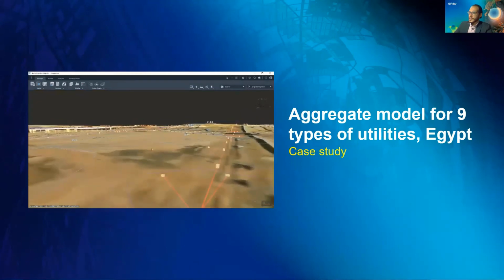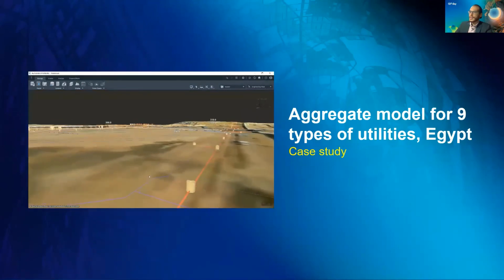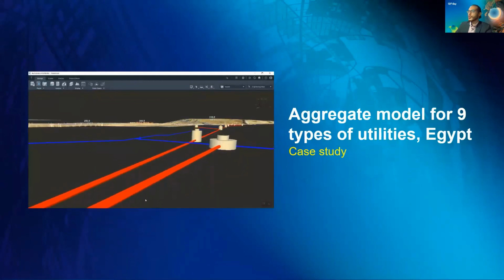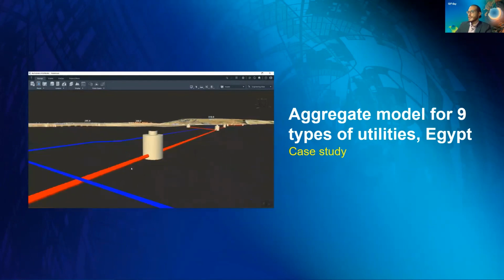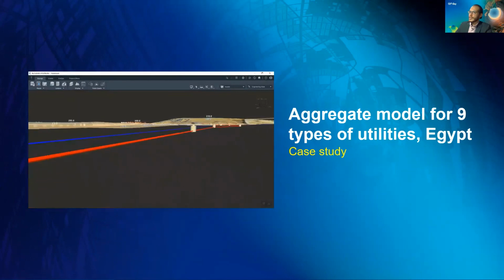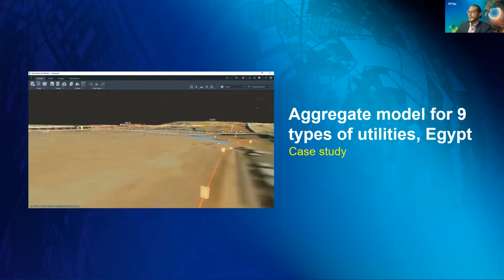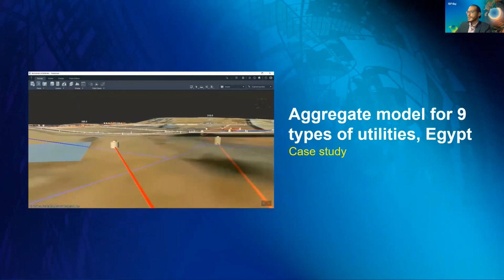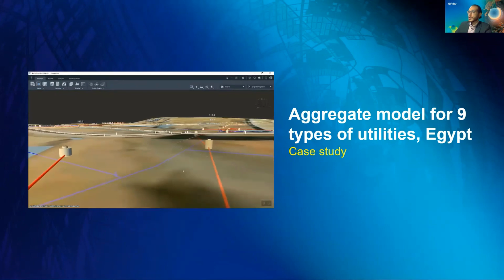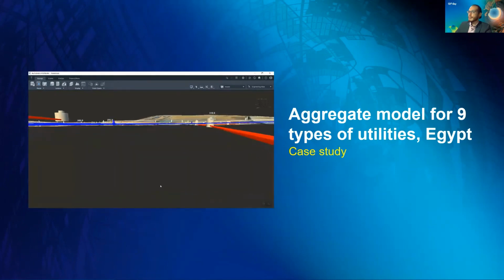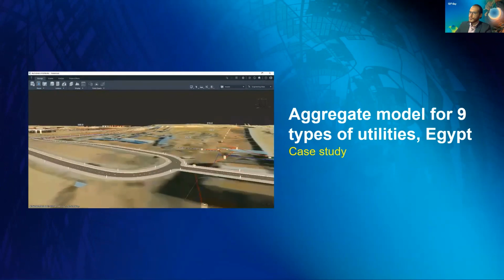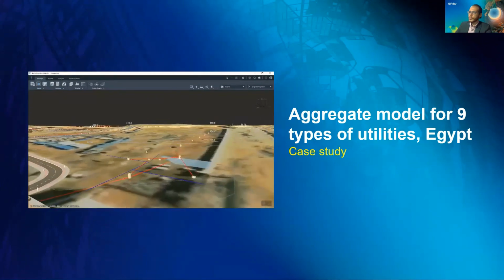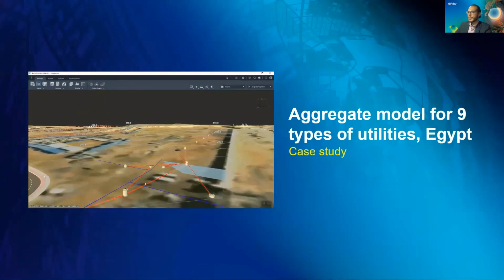These 9 types of utilities, all in one aggregate model to do the clash detection and the coordination between different disciplines. So we don't face any problem in the construction phase, and also to have an accurate as-built in the facility management phase. You can download the full case study from my LinkedIn account, Hisham Gamal Gafar.